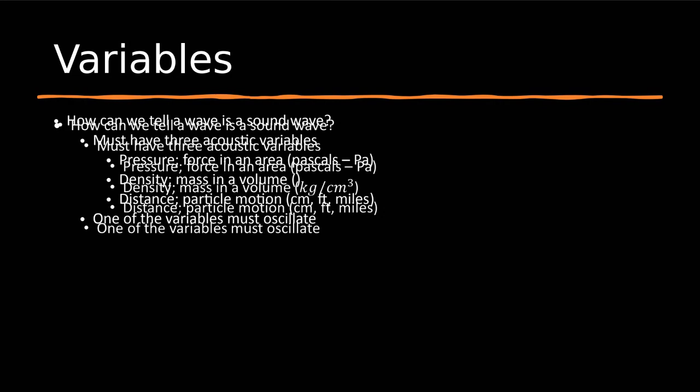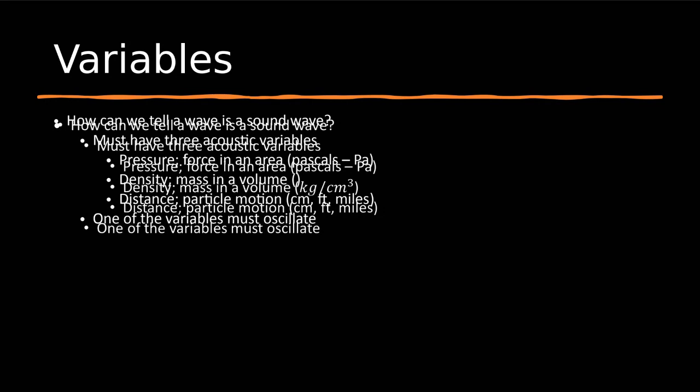So you have to have pressure, right? That sound has to apply a particular amount of force in an area. It also has to have mass to it, so it has to have some type of weight to it as it's traveling through. It has to have a distance. That means it has to be moving, right? And that's where that oscillation comes in.